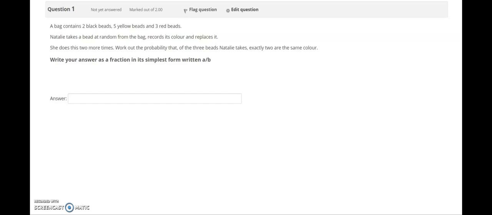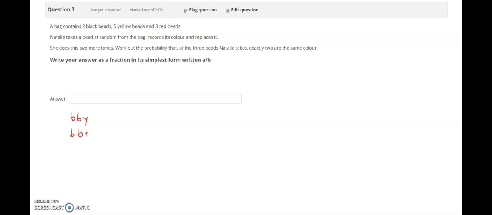So there are different ways you could work this out. The way that I will do is by writing the different possibilities of having exactly 2 beads of the same color. And this is what I mean. So it could be that Natalie picks a black bead, so we'd want another black bead, and the other one could be yellow or could be red.